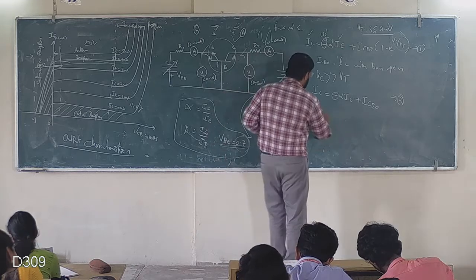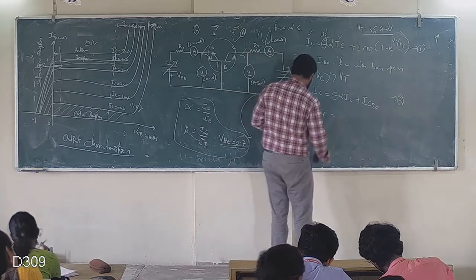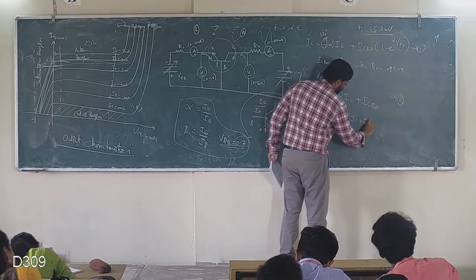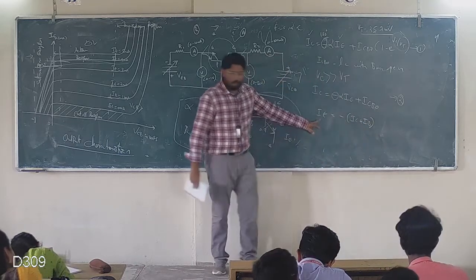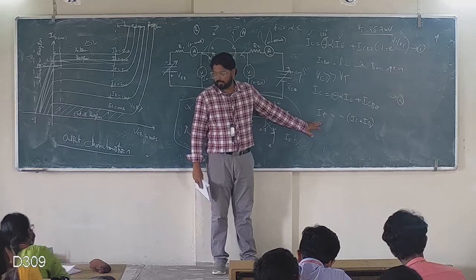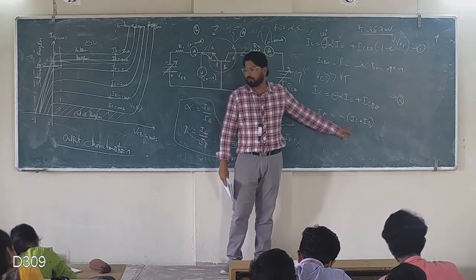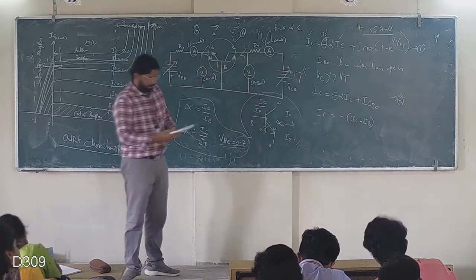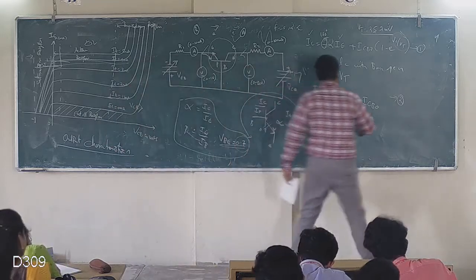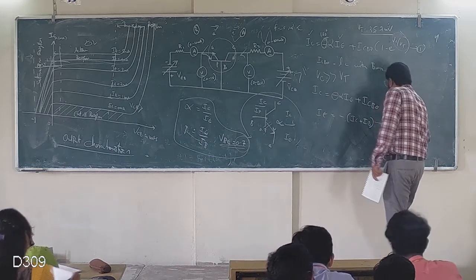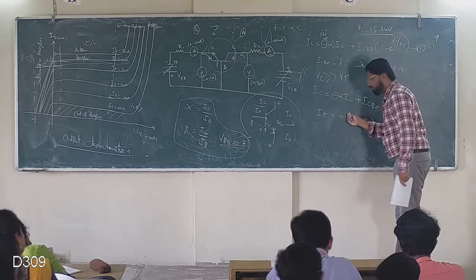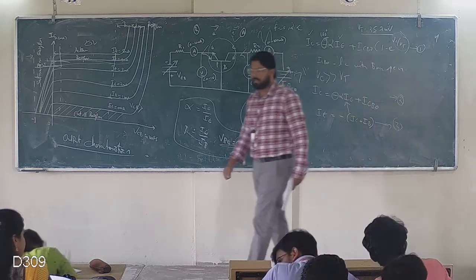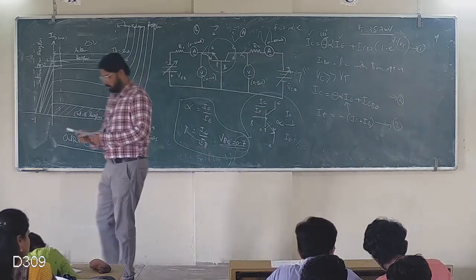Now IE is equal to minus, IC plus IB. Like 100 is equal to 99 plus 1. Okay, next line. What is IE here? Just substitute equation 3 in 2. What happened?